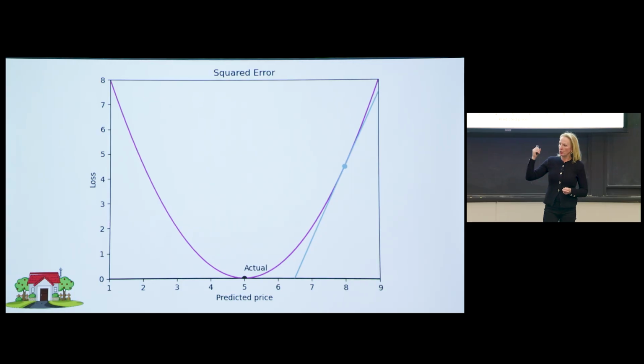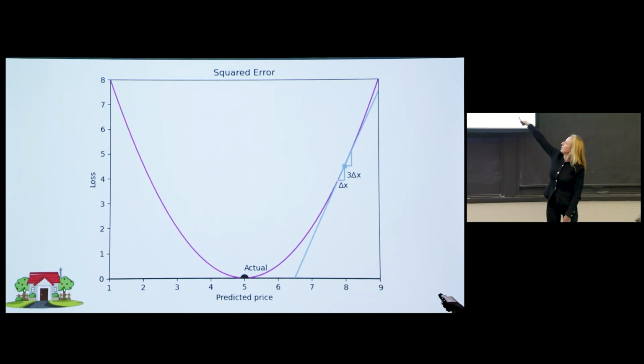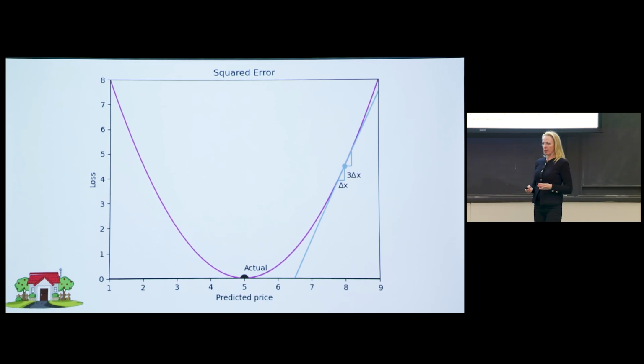It turns out if you use a little bit of calculus and compute this, you actually have a slope of 3 at this point. That just means that for every little step I take in the x direction, I go 3 times that little step upwards in the y direction. That's all that means.